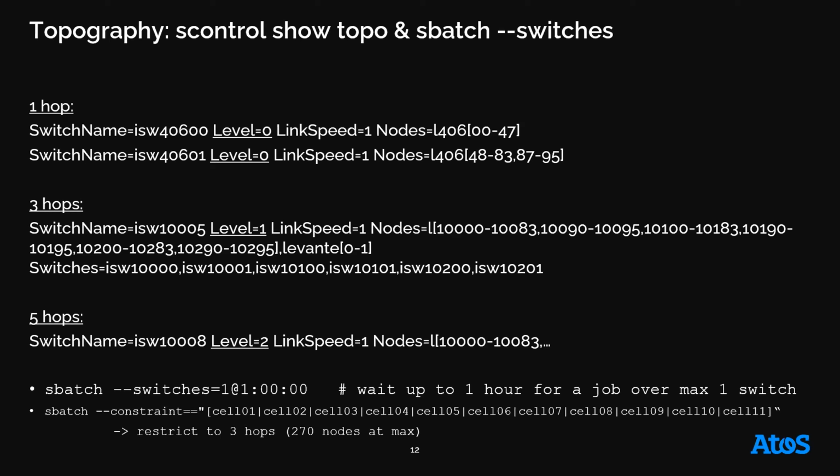If your application needs more than 270 nodes, you will need the highest level of switches as well. That's this level 2. And then the application needs 5 hops at most to go between 2 nodes.